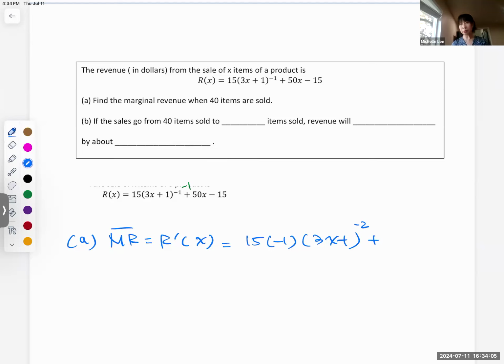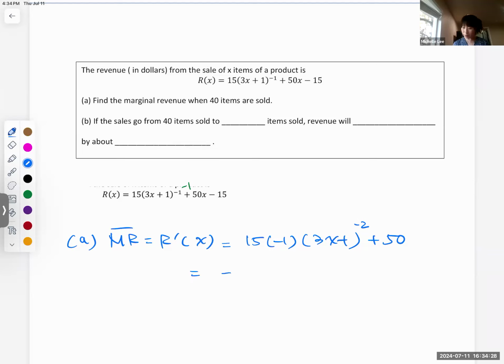And the second term, we want the derivative, keep the coefficient, drop the power, which is 1, reduce by 1, x to the 0 power, which is 1, right? So it's just 50. Last term is 0. Okay.